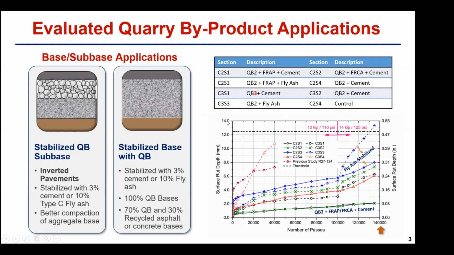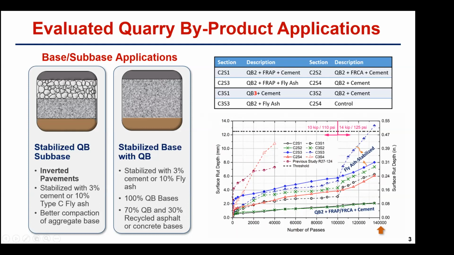Just showing a quick plot of some of the results of the bigger accelerated pavement testing study. This is showing the field performance, or the surface rut measurements, in those test sections. We had a threshold of 1/2 inch, or 12.5 millimeters, of rutting to stop the experiment. Most of the test sections went up to 140,000 passes, and we did not exceed that threshold for most of the sections.